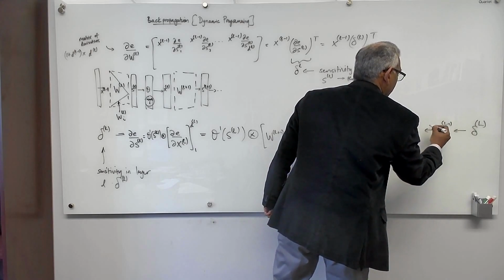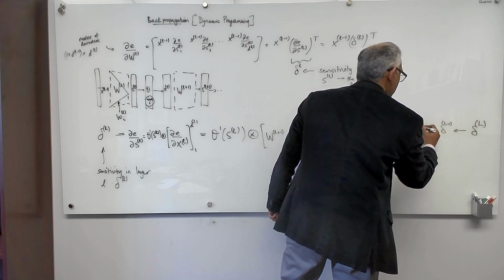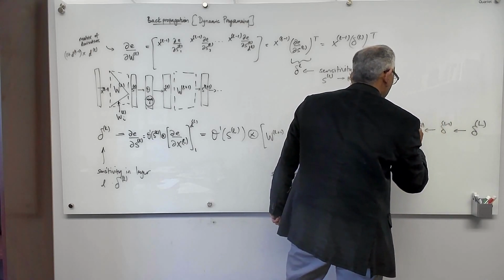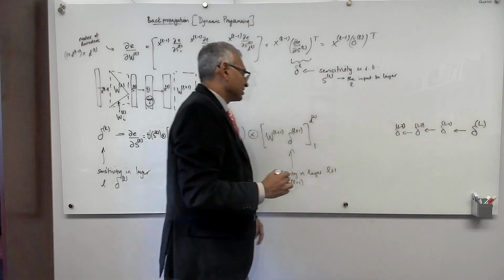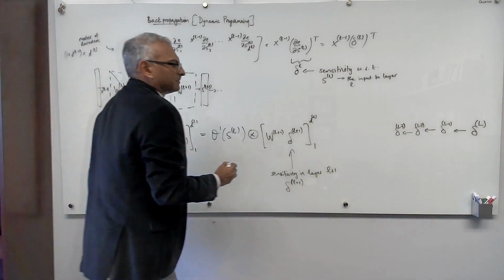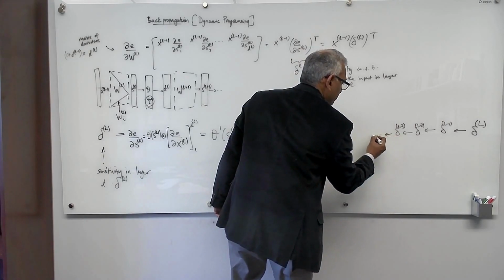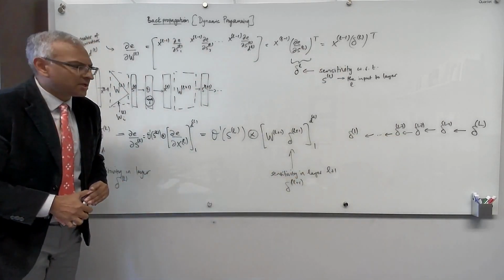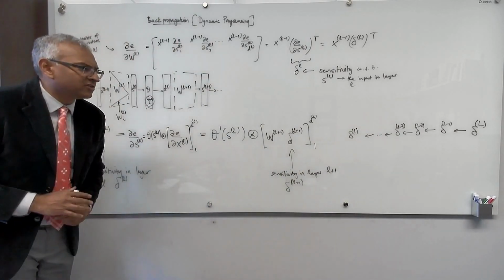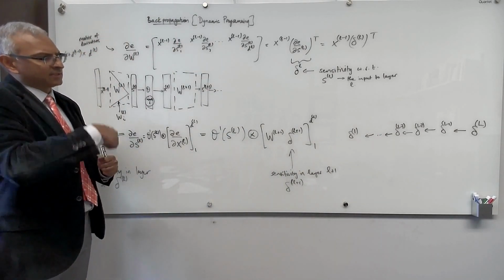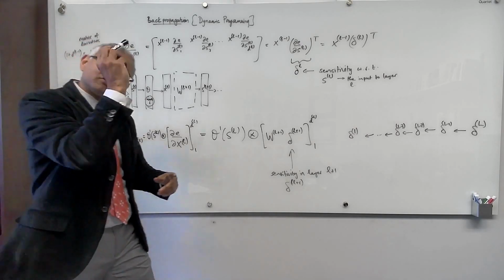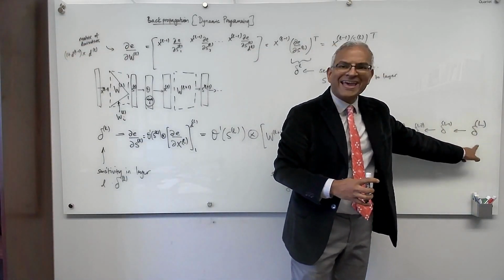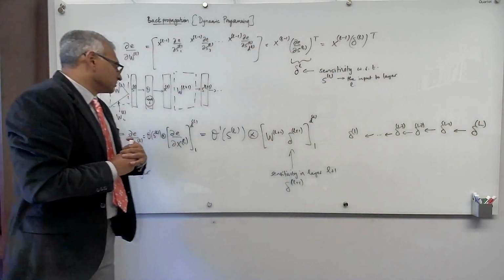I can iterate and get delta L minus 2, then delta L minus 3, and keep going all the way to delta 1. In this way, I can compute all the sensitivities, delta 1, delta 2, delta 3, all the way up to delta L, but I have to start at delta L.